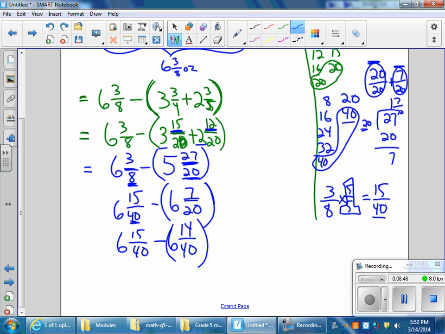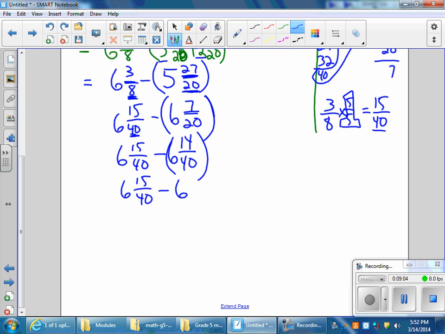I now have 6 15/40ths minus 6 14/40ths. I do 6 15/40ths minus 6, minus 14/40ths. I know some of you are thinking that you didn't need to do that, but for a lot of us, we're not ready to do that all in one step.